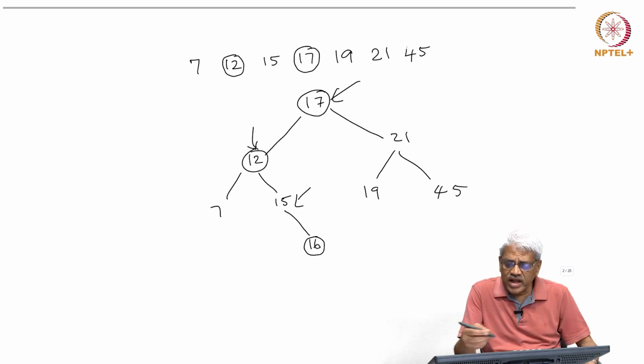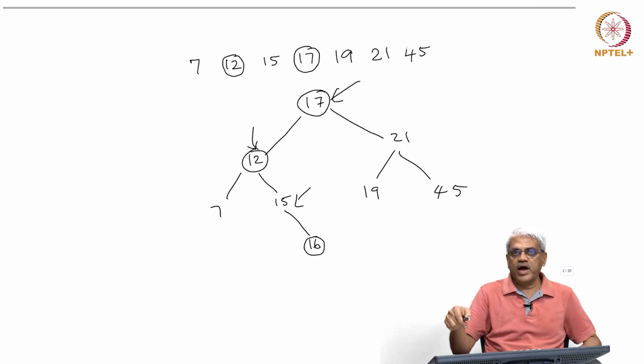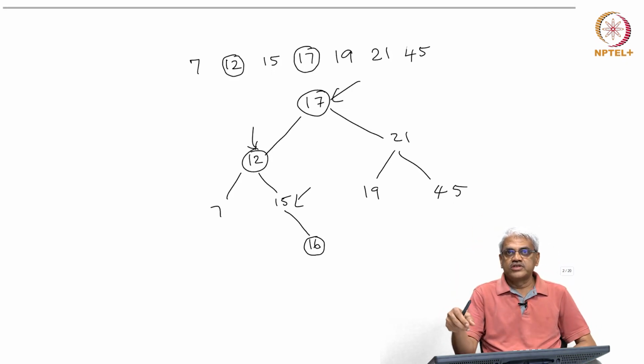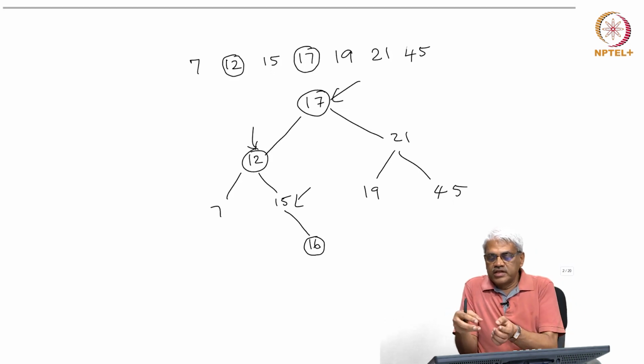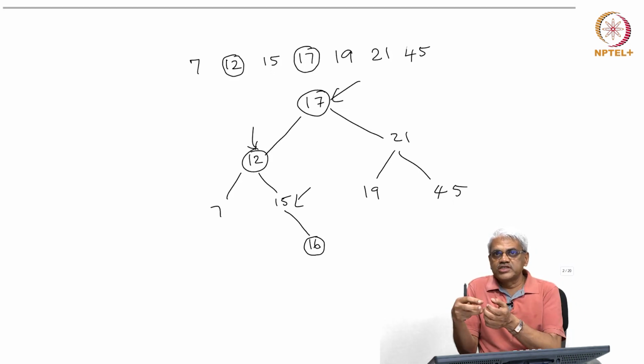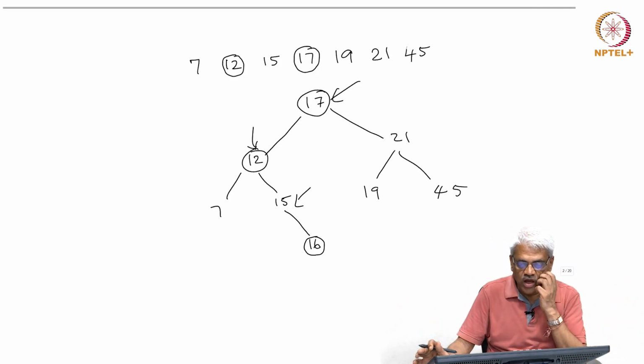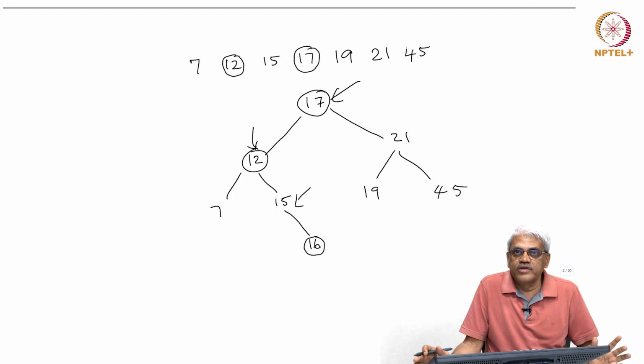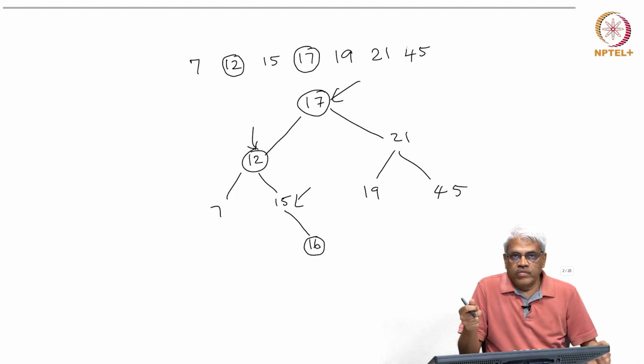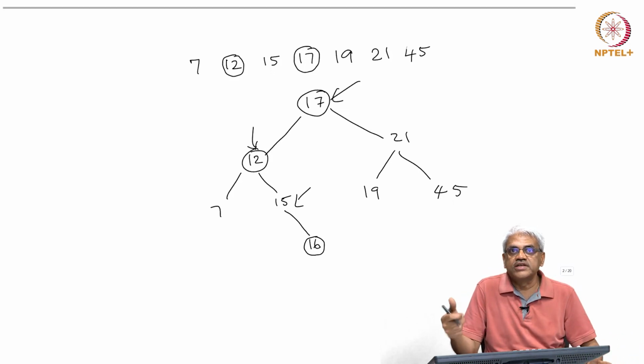Similarly, you can try any number to search for. You will follow the route down a path to a leaf, and if it's not there, the search will tell you where to insert it. I'll just create a node and insert it there, and because the height of the tree is log n, we seem to have solved the problem of supporting search and insert in logarithmic time.